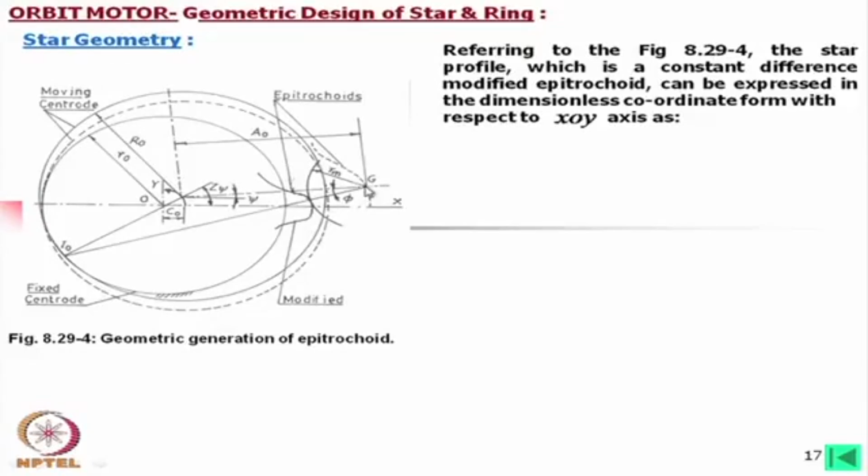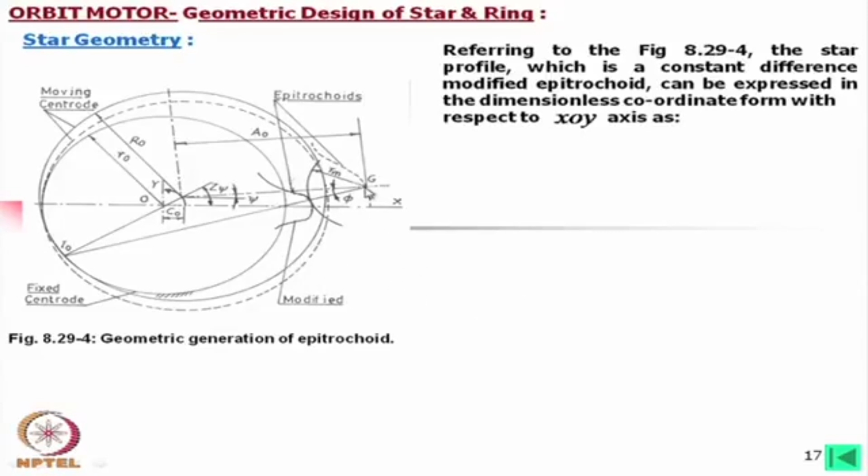We have taken a point outside this rotating circle. Let us consider that this is a hollow body, that means a plate is like this and a hole of this size is made. Then we have taken the generating point here. If the generating point is on the circle, we call it an epicycloid.